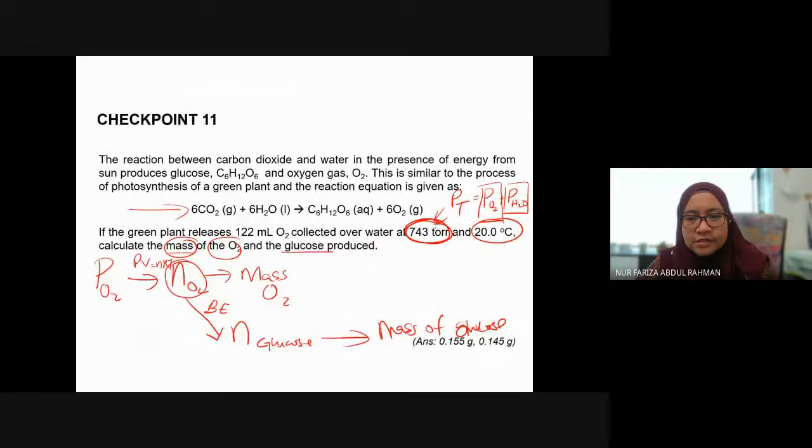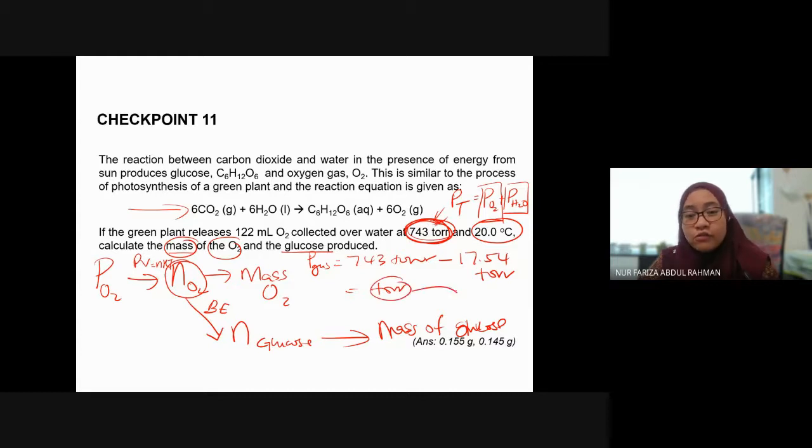the first step is to minus this one first, 743 torr. P gas in PO2 is 743 torr minus 17.54 torr. You get the answer in torr, right?